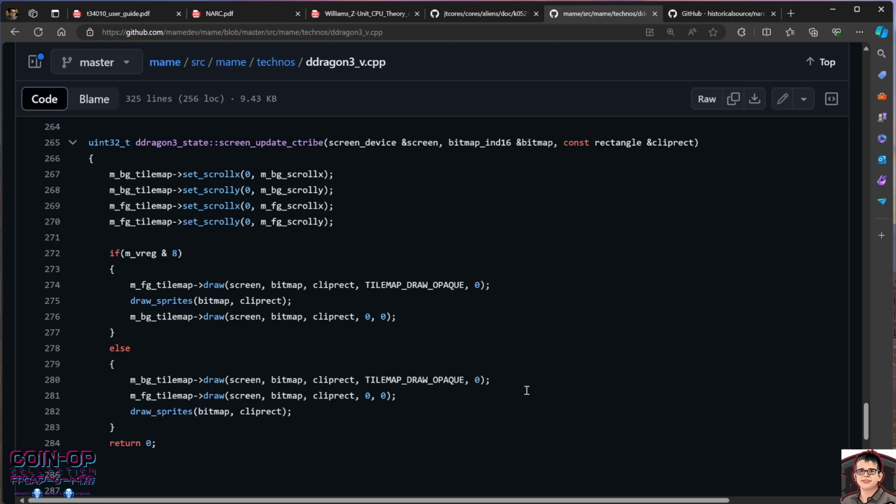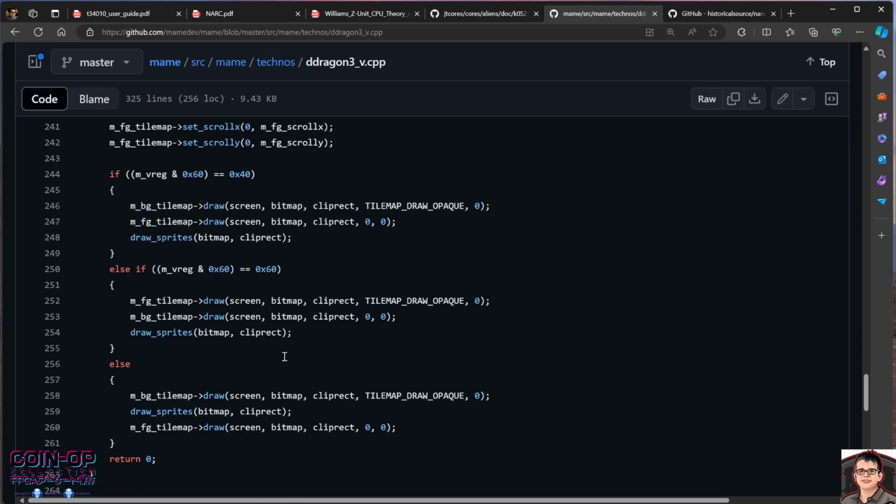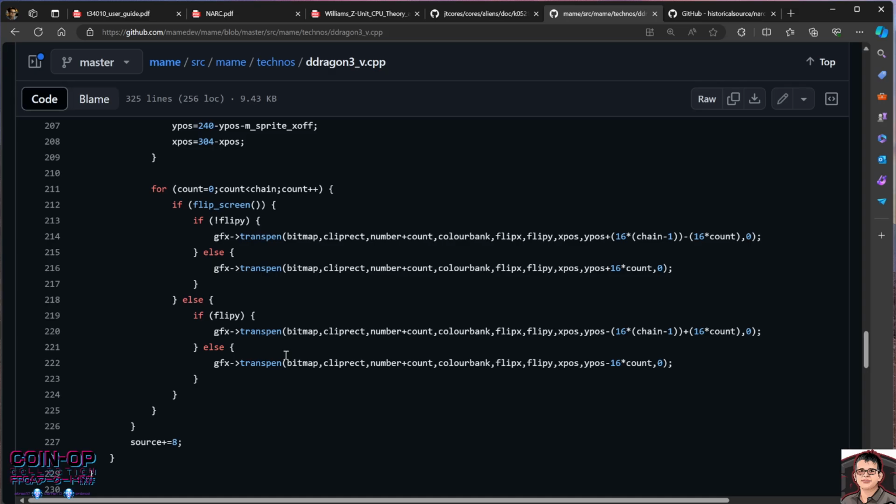So you can see here, they have a pointer to the screen memory. They have the bitmap they want to draw, whether it's clipped or not, and they have a function called draw, which does all that stuff. Draw is a centralized function that does everything, and it draws pixels to some memory. That buffer is flushed to the screen.